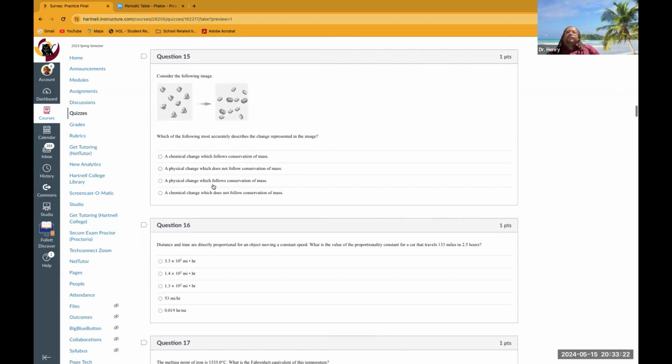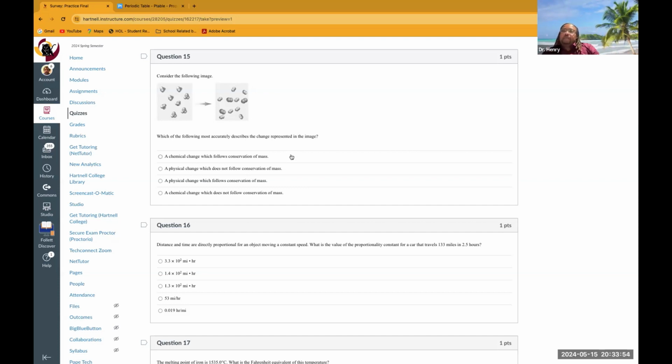Okay, number 15. First off, what state would these compounds be in, looking at the image? A gas, that's right. So it says, considering the following image, which of the following most accurately describes the change represented in the image?